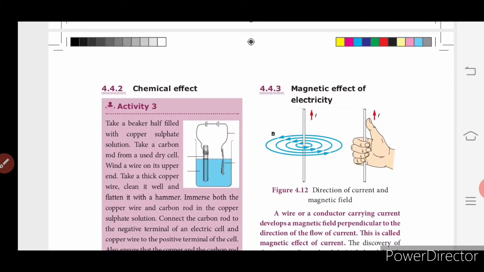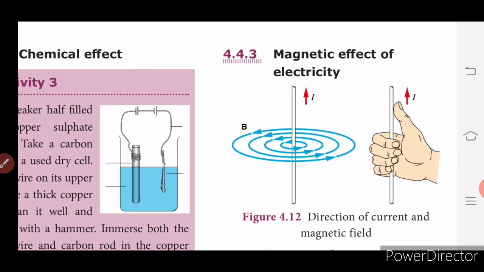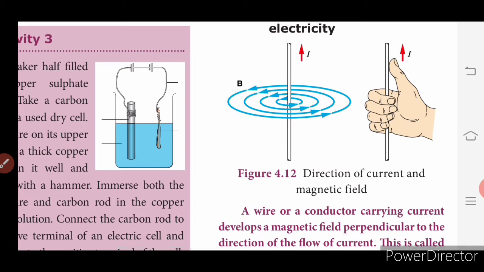So this is the natural process that takes place in our body. The next topic, the last effect, is the magnetic effect of electricity. Take a carbon rod and wind it with a copper wire, and pass a small amount of current. This is what is given in the diagram. Observe the diagram clearly: the current will pass in this rod straight upwards.